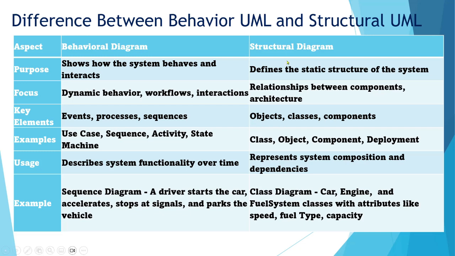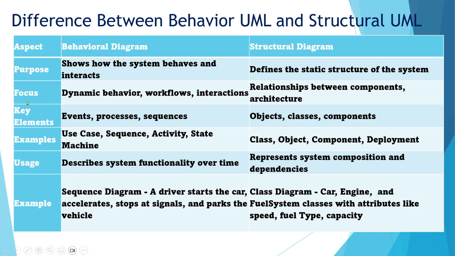And the structural diagram defines the static structure of the system. Static structure means what we have seen within a car: driving seat, steering, accelerator, brake, all are static components. Okay. And when we perform an action, how all these things interact with each other, that is nothing but the behavioral diagram.